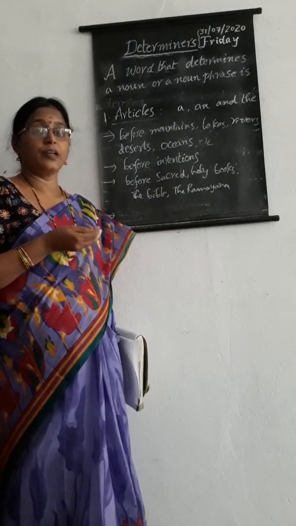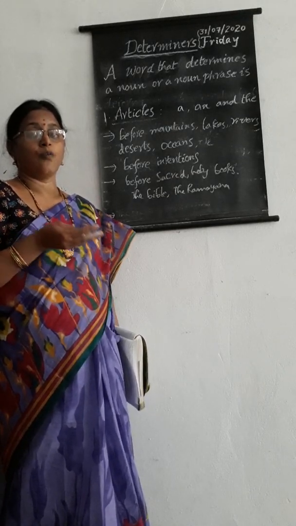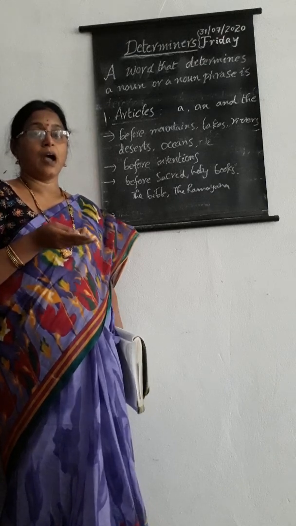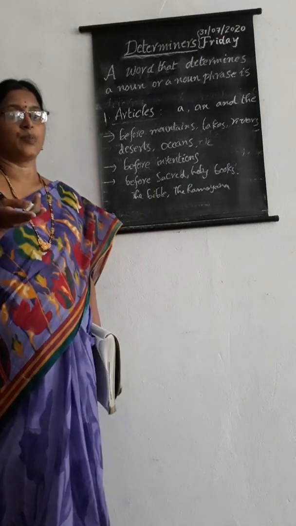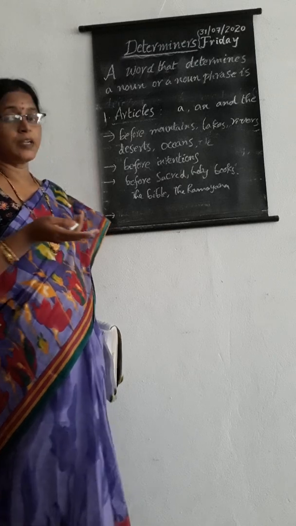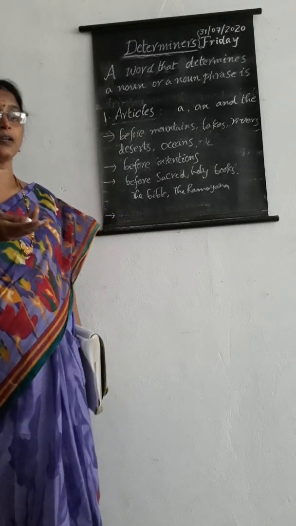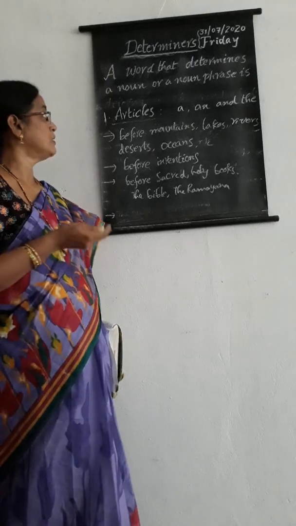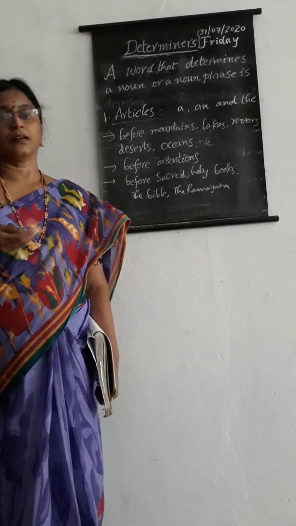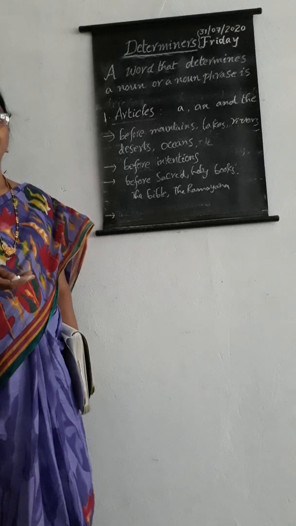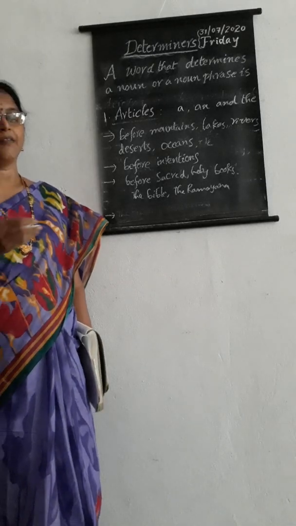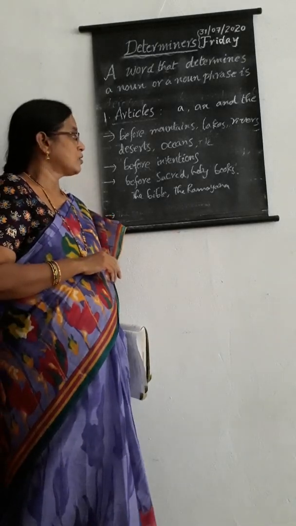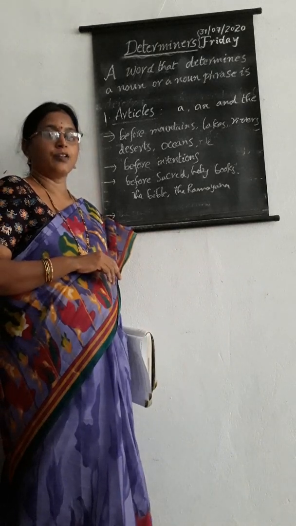Determiners can be broadly divided into 2 categories. What are they? Specific determiner and general determiner. Specific determiners indicate a particular person or a specific thing. With general determiners, we talk about people or things in an indefinite way. So these things you remember and read in your textbook.